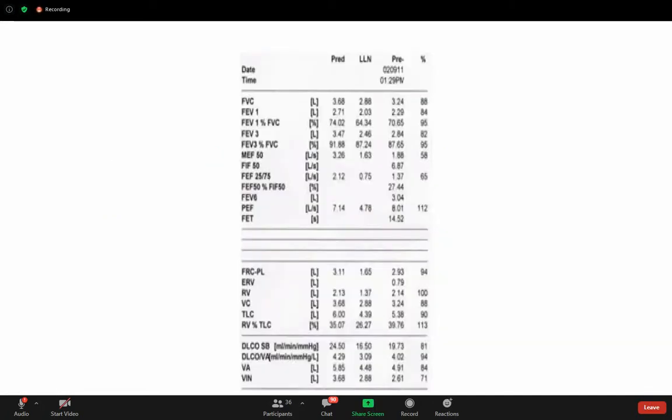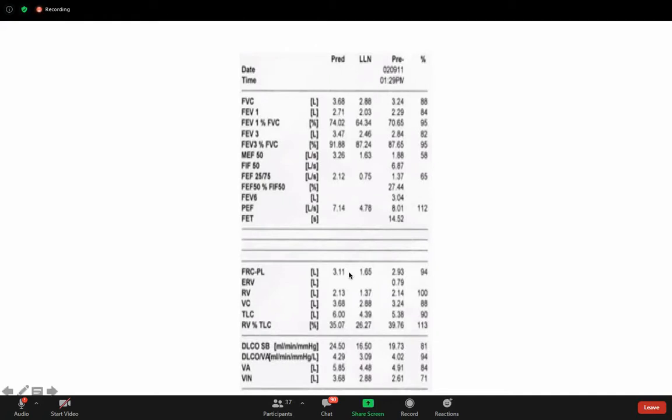Again, I always like to jump into an example just to get familiar with the PFT. There are a lot of numbers and sometimes you get lost in them, but if you know what you're looking for, I think you're going to be okay.